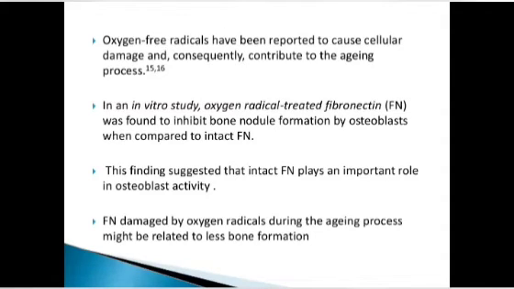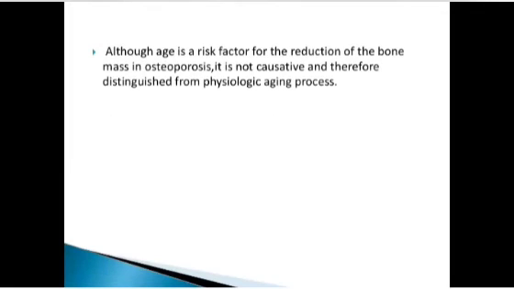In an in vitro study, oxygen radical treated fibronectin was found to inhibit bone nodule formation by osteoblasts when compared to untreated fibronectin. This finding suggested that intact fibronectin plays an important role in osteoblastic activity. Fibronectin damaged by oxygen radicals during the aging process might be related to less bone formation.